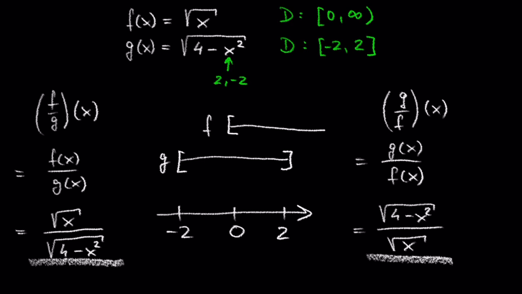So we can say the domain of f of x over g of x goes from 0 to 2. Note that 0 is included, but 2 is not included.